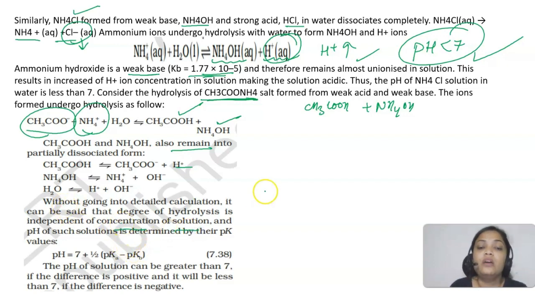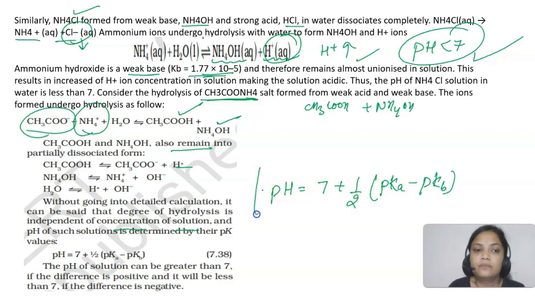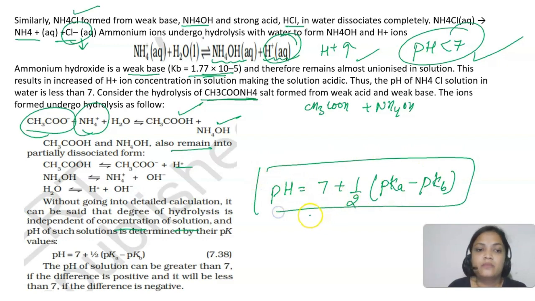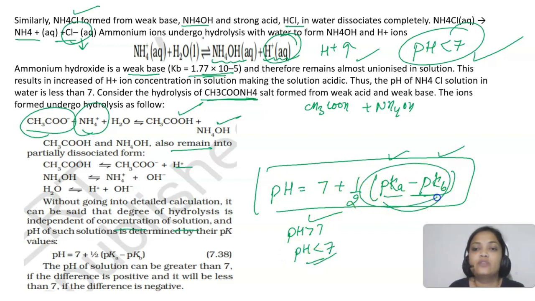Okay, और pH यहाँ पर आपको ये याद रखना है कि it will be 7 plus half of pKa minus pKb. Okay. All right, so that will depend on the values of pKa and pKb, right, कि कितना weak acid कितना weak base है, तो pH जो है वो greater than 7 भी हो सकता है, अगर ये value positive है, and pH can be less than 7 also अगर ये value negative है. तो weak acid और weak base के केस में हम कुछ नहीं कह सकते कि कौन सा salt बनेगा.